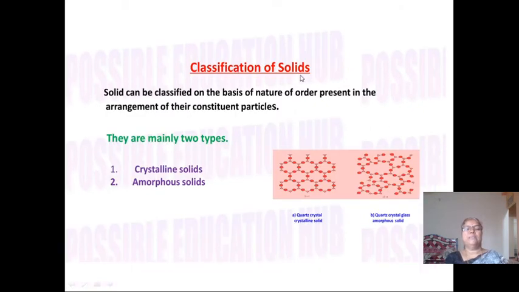Then the classification of solids. Solids can be classified on the basis of the nature of order present in the arrangement of their constituent particles. All of you know these two types of solids are crystalline solids and amorphous solids.